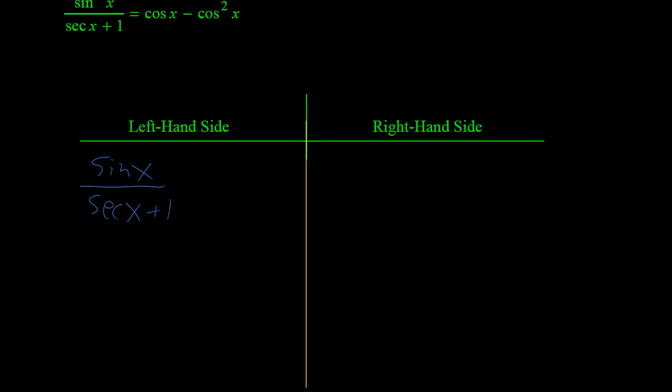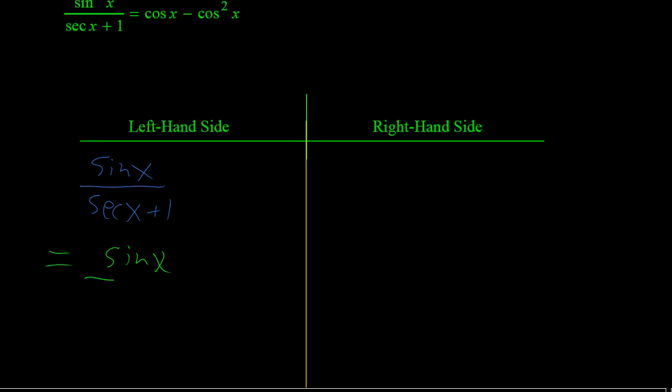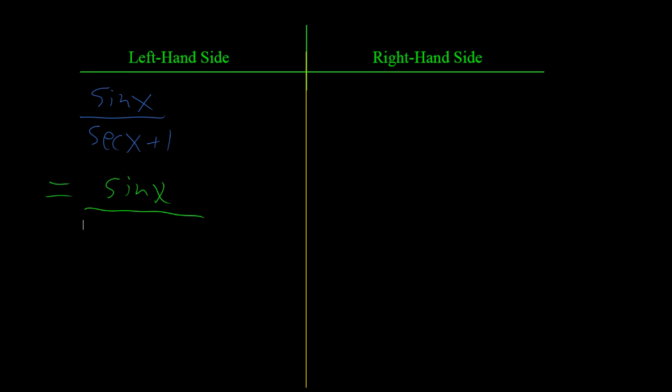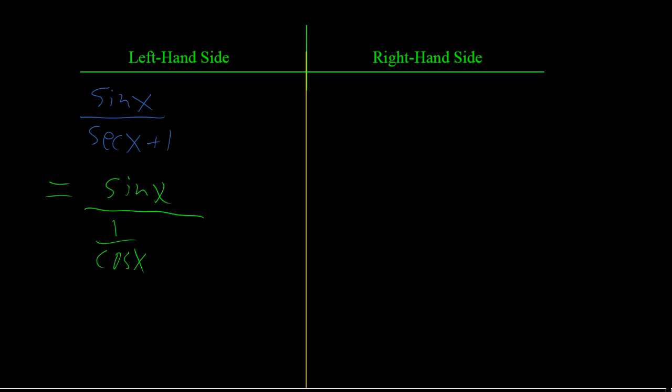Now I got to do some magic. I don't have an identity for sine, so sine is going to stay sine. Secant, I got an identity for secant, it's 1 over cos. And I know that's a step in the right direction because my right-hand side does have a cos.